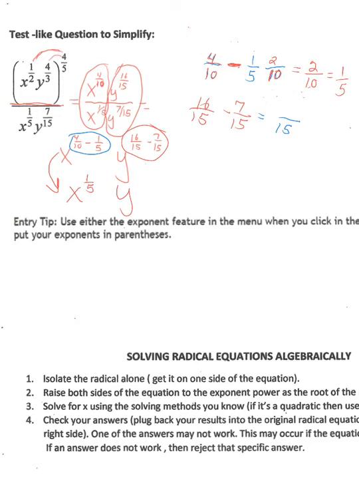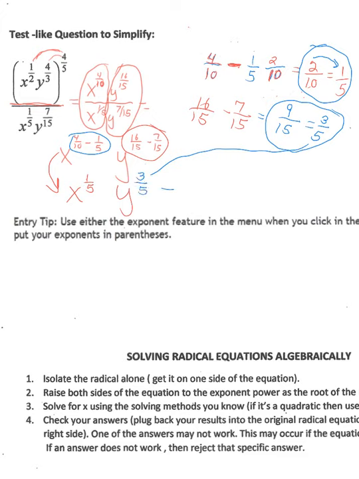And that turns out to be 9/15. But like we were able to take 2/10 above to 1/5, I have to slice everything through by a 3, and I get 3/5. So that 3/5 is my exponent. So my final answer is x to the 1/5, y to the 3/5.